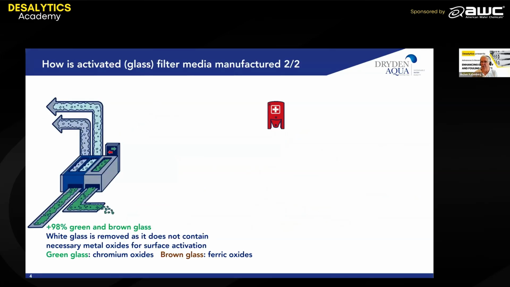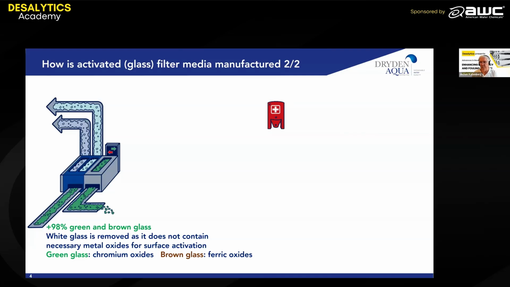Just jumping into how the product is produced, so that you understand a little bit as a background where the filter media comes from. We are using green and brown soda lime silica glass. In the first step, we are separating the glass and only using the green and the brown glass.